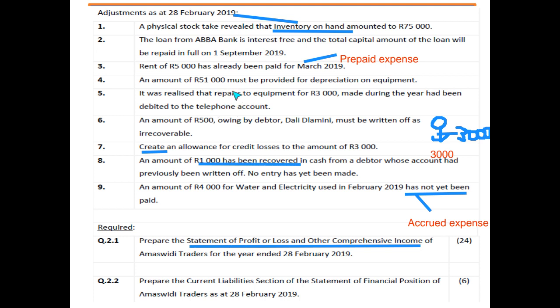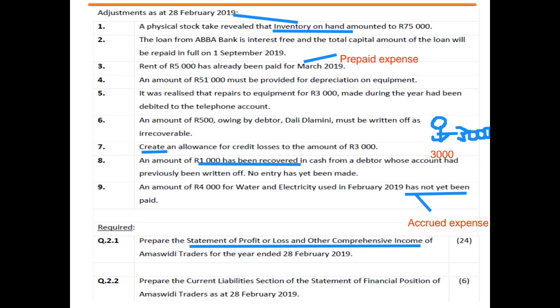The other one is called what? Repairs to equipment. We did record under telephone, and we minus because we made a mistake. Now we must go and record under what? Not equipment. Repairs to equipment. Yes, just right, repairs.